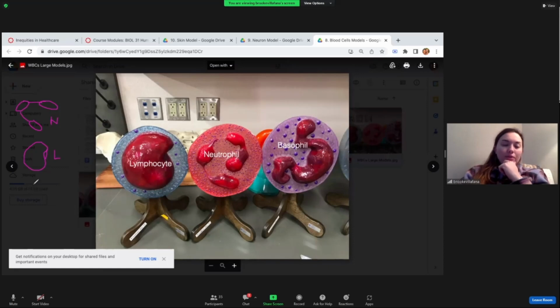And then basophil has a little bit of a variety. As you can see in this, it kind of looks like a stomach. So then we'll look at the other example of the basophil. So basophil is kind of weird because it has this appearance. It looks like this, right? All right, so everybody get that? Lymphocyte, neutrophil, and basophil.